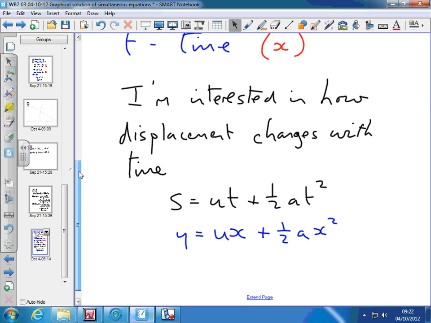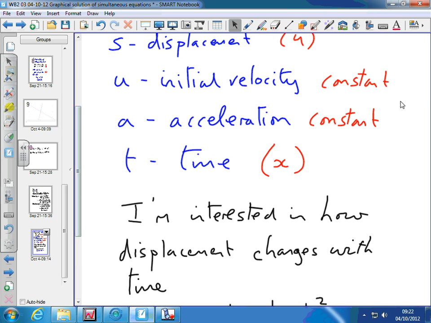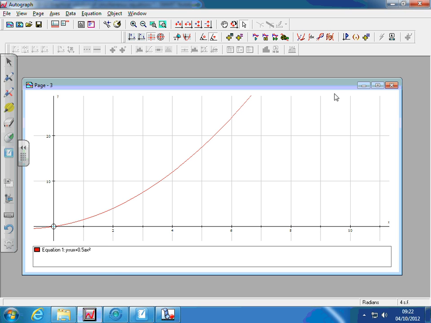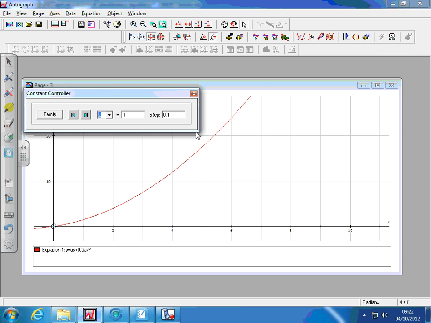So we need to find out what they are before we can put that into Autograph. Autograph gets round that by, by default, assigning these constants, u and a, as 1. So although we've got the shape of the curve, we haven't really got the right curve because we haven't got the values for u and a. It's going to look like this, but it won't give these numbers.